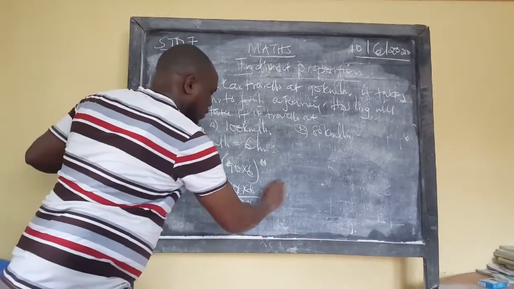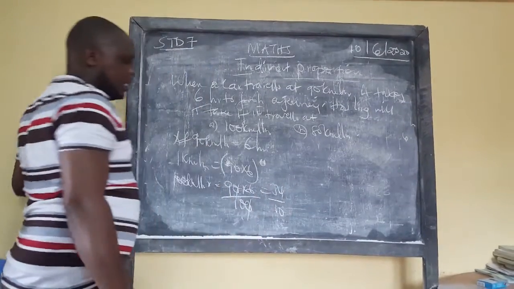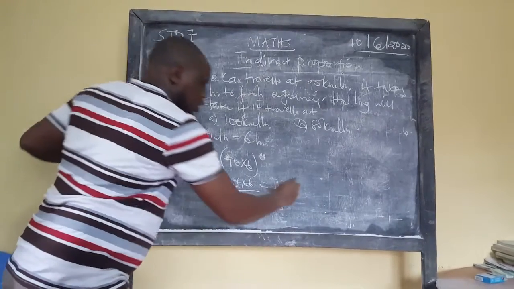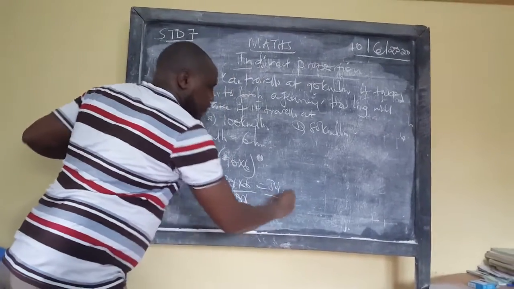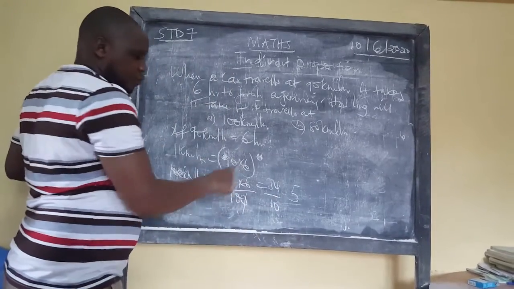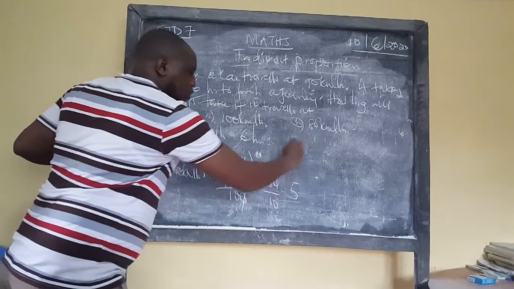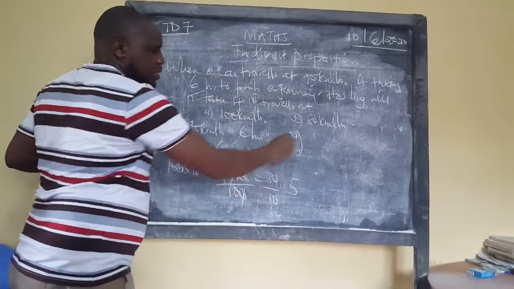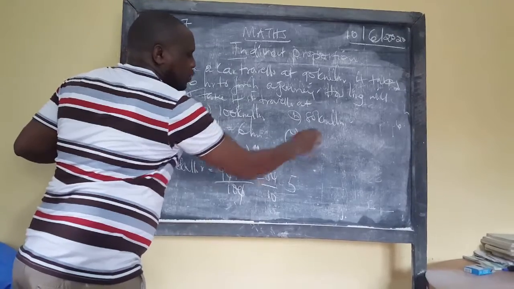This is going to be 54 over 10. Now we need to change this into hours. So 4 over 10 of an hour is multiplied by 60, and that will give you 24.